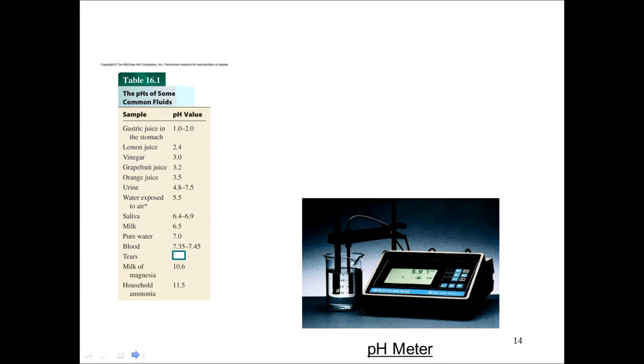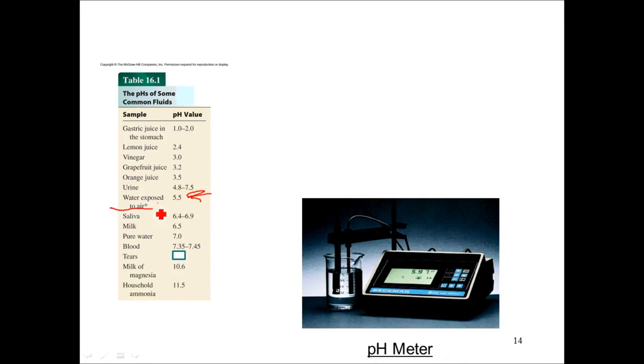The orange juice, 3.5. Urine, depending on various things, is going to range from 4.8 to 7.5. Water exposed to air. What are we saying? We're saying that it will become acidic, and that is because of water being exposed to air. It's going to pick up carbon dioxide, and therefore it's going to become similar to carbonic acid.